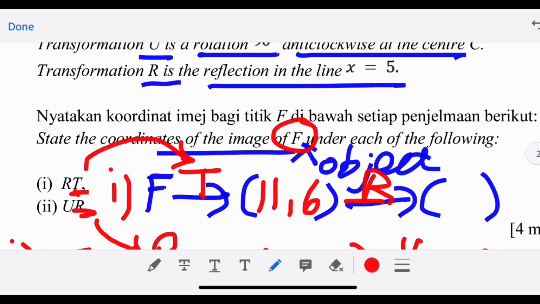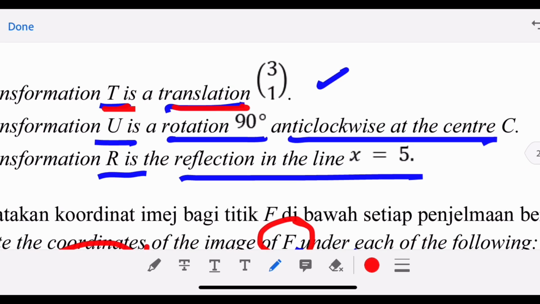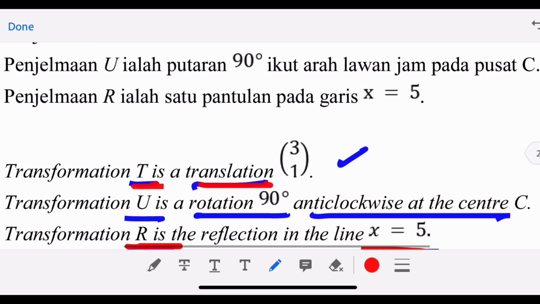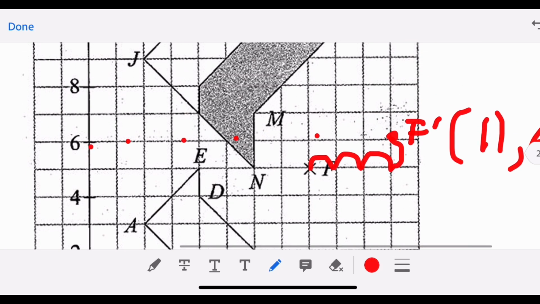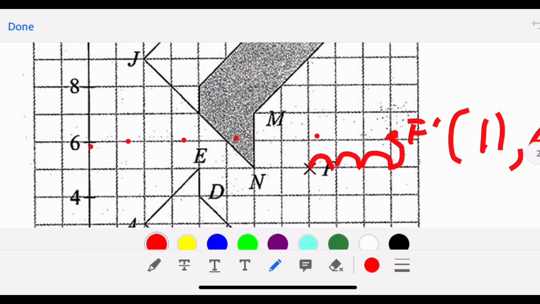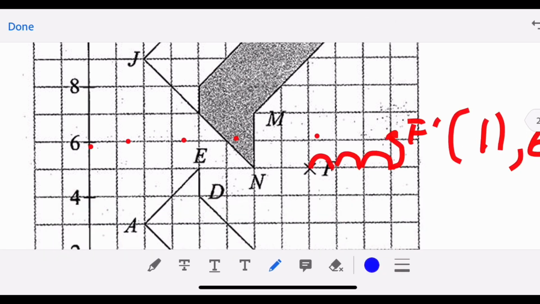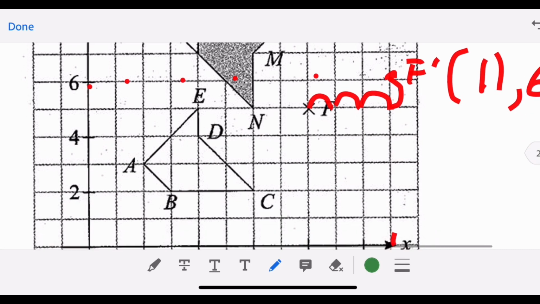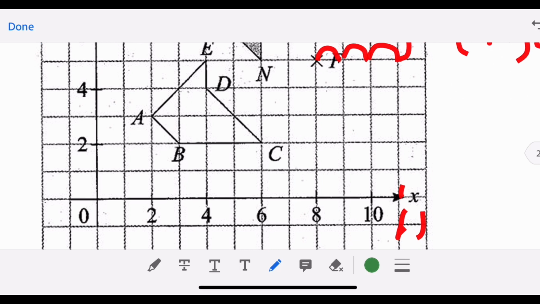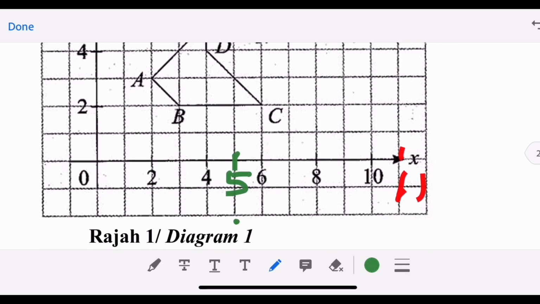That is the first image for the F, okay? Followed by, after we get the first image, we will do the second one, all right? So the second one is, now we have to do reflection, right? So the reflection is in the line x equal to 5.